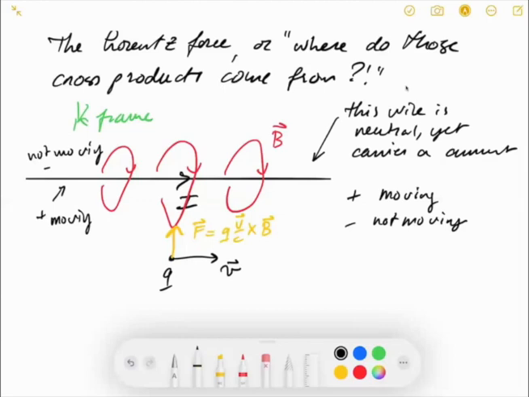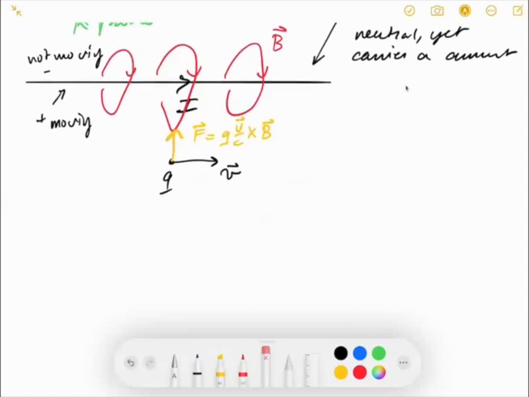so let's say the positive charges are moving. That means that in K, that J mu, we're going to write this as rho plus, and our J plus.